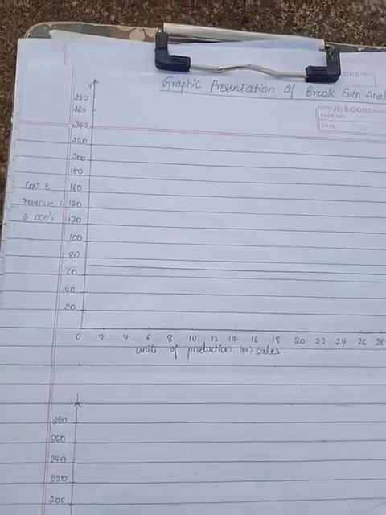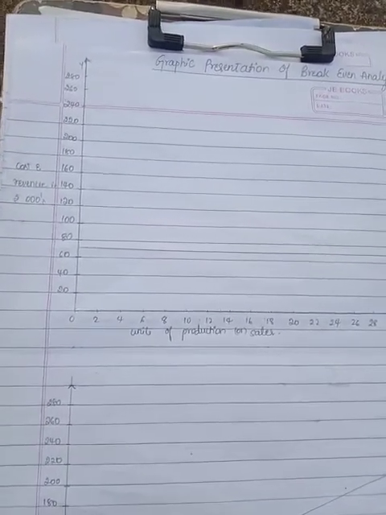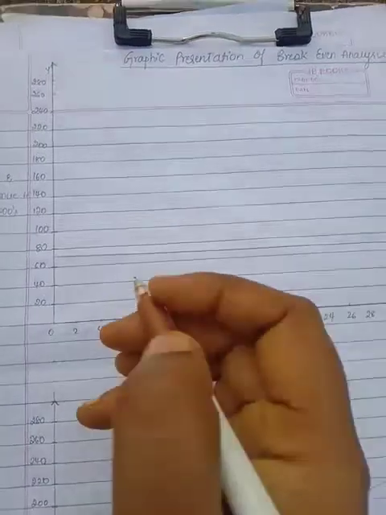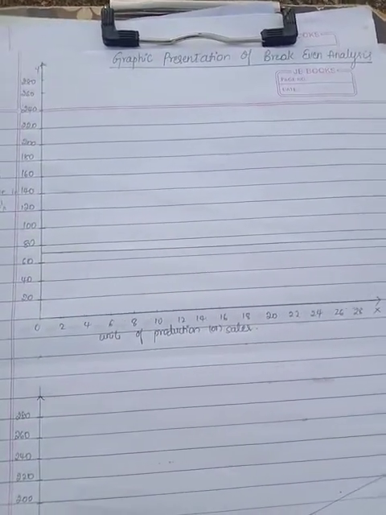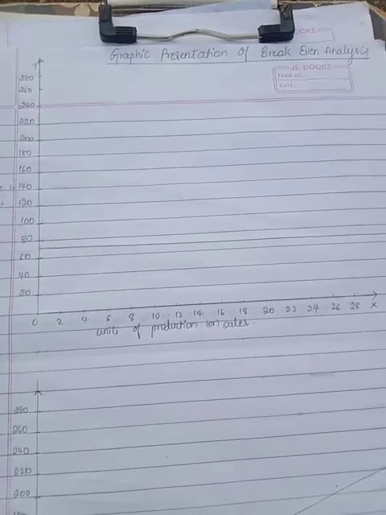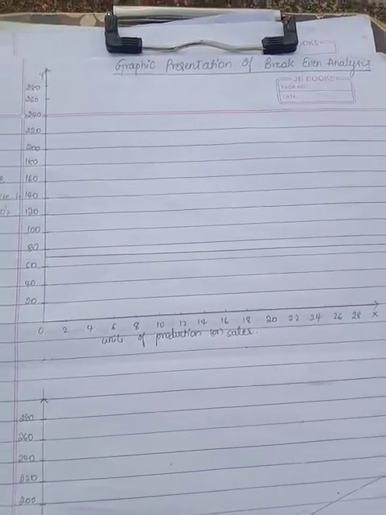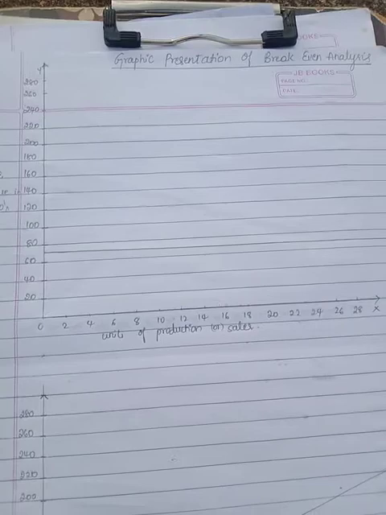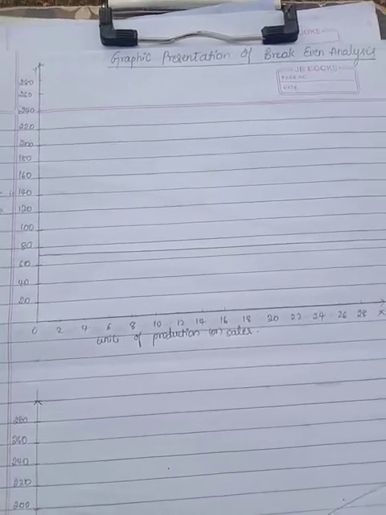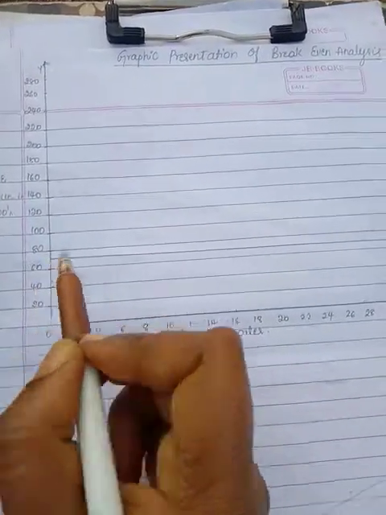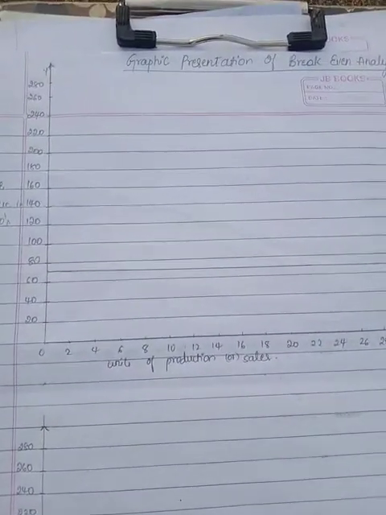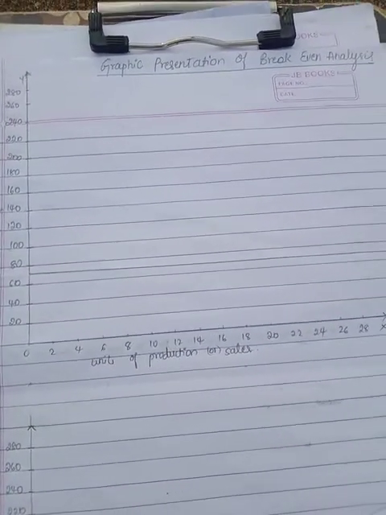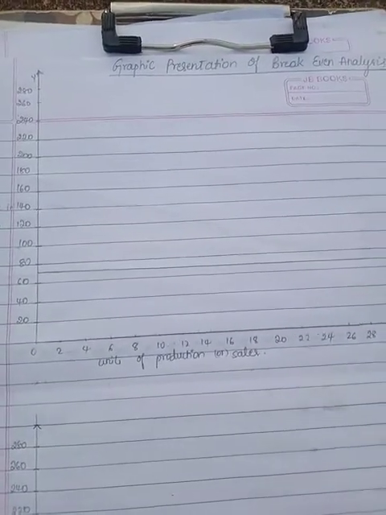And then in the first chart we have to draw the fixed cost line. So this is known as a fixed cost line. This fixed cost line is drawn parallel to the x-axis, starting from an appropriate point on the y-axis. This is the first line we have to draw.